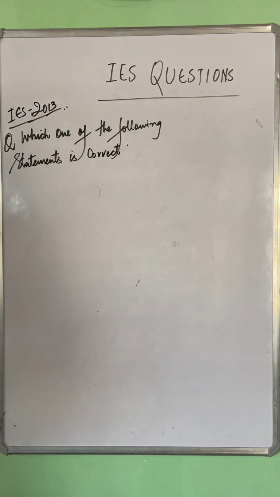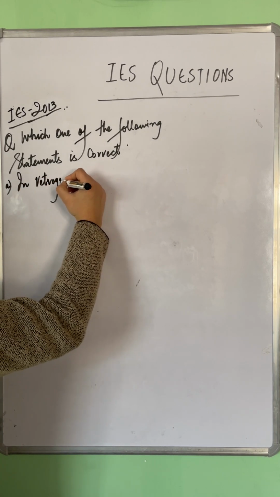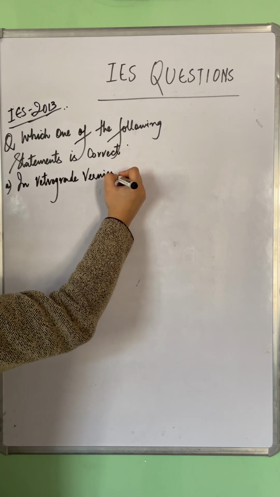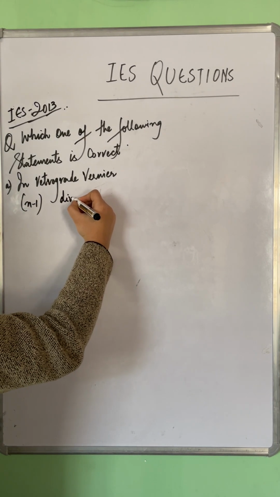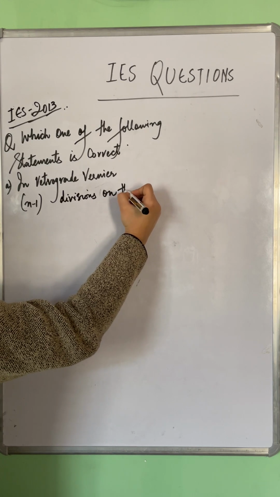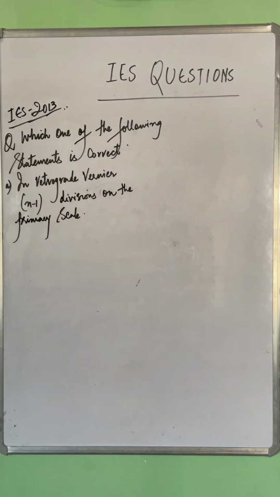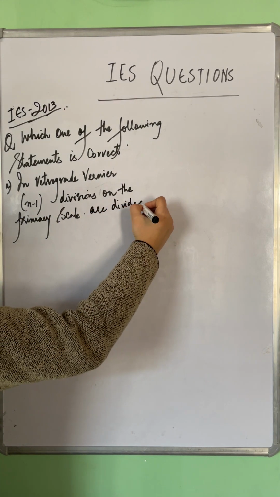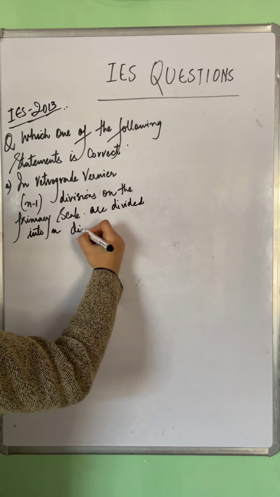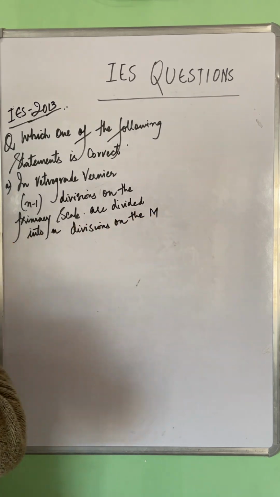Statement number 1: in a retrograde vernier, n minus 1 divisions on the primary scale are divided into n divisions on the vernier scale.